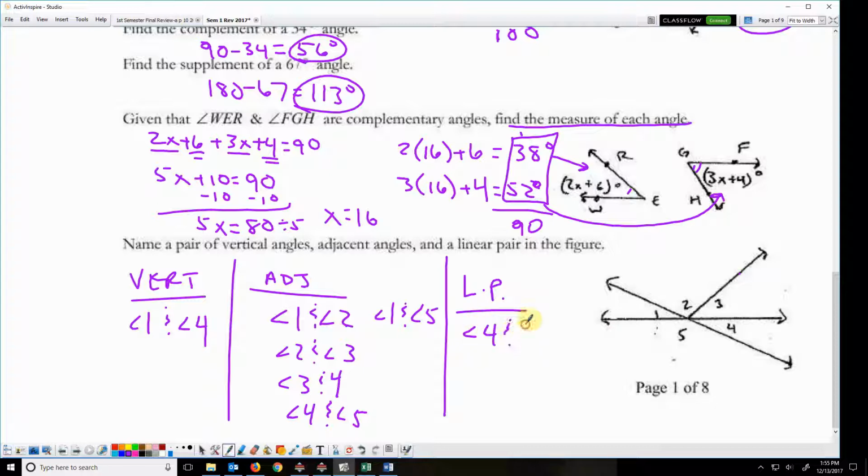Angle 4 and angle 5, when I put those together, they form a straight line. Angle 1 and 5 also form a straight line, so angle 1 and angle 5 is also a linear pair.